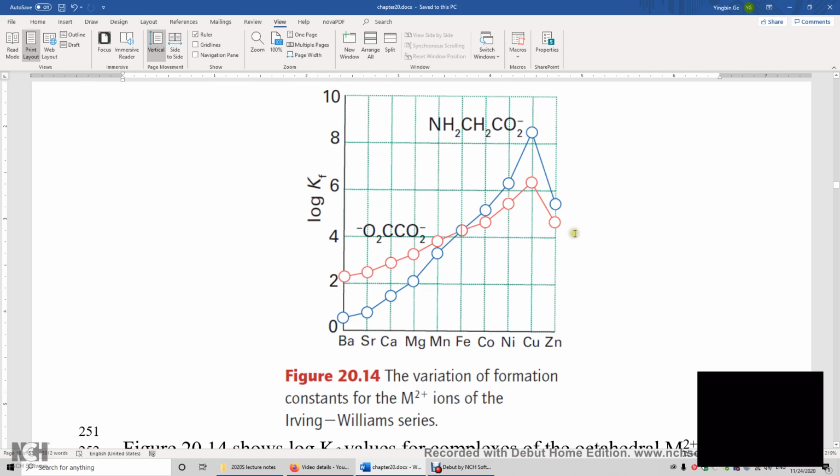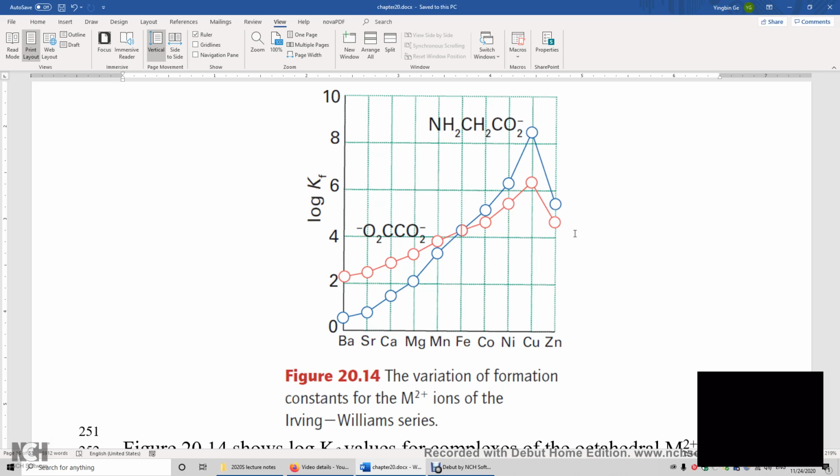Now let's get back to zinc. Well, zinc 2+ has a very small ionic radius, smaller than copper 2+, smaller than nickel 2+. However, in zinc 2+, we have a d10 electron configuration. So there's 0 LFSE, 0 ligand field stabilization energy. And also compared to copper 2+, there's no Jahn-Teller effect at all in the zinc 2+ transition metal complex.